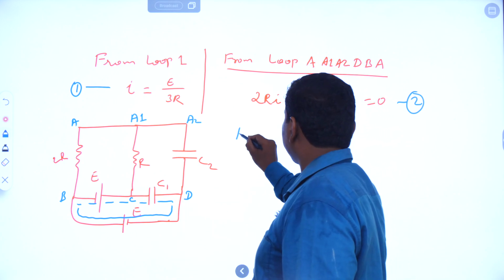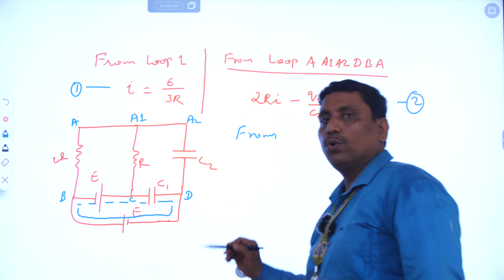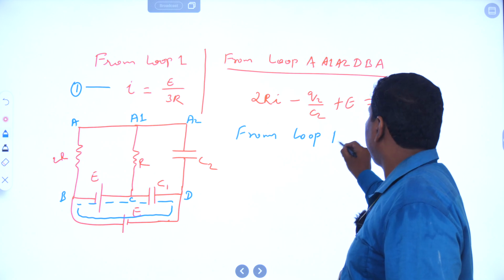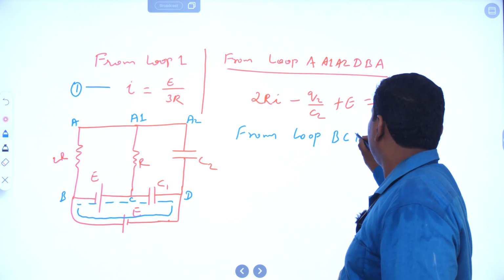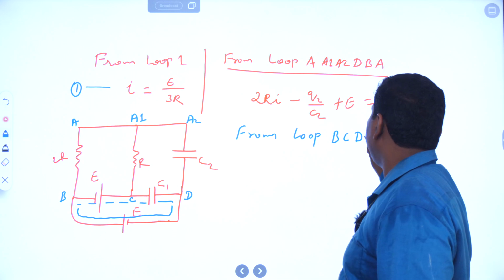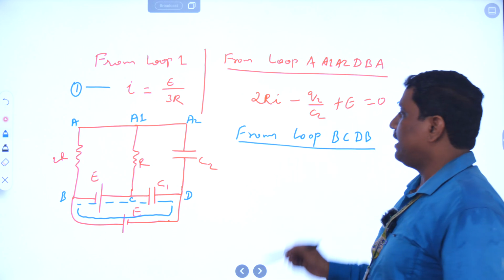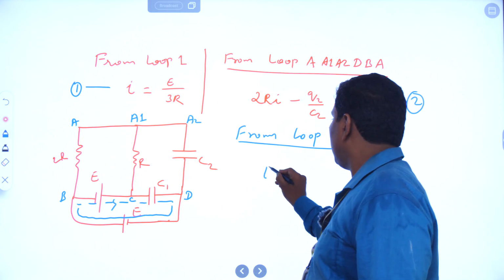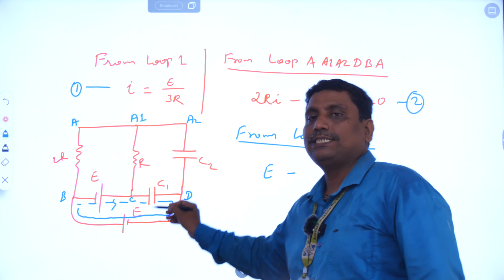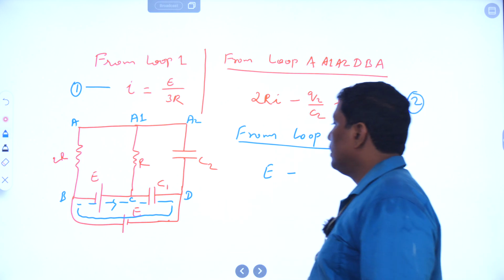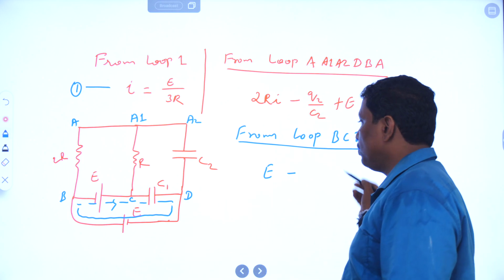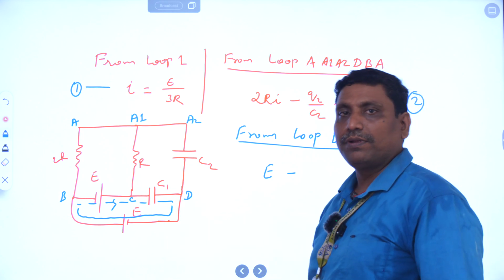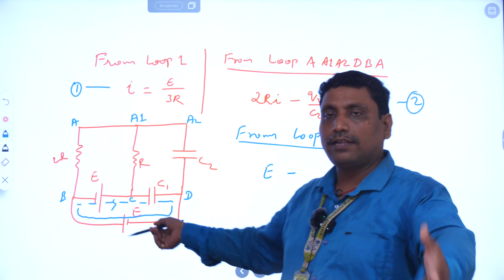So from loop BCDB, apply KVL law. So based on the loop flow direction E, for passive elements we can consider the negative sign. Current entering terminal is positive, leaving terminal is negative, so it is nothing but voltage drop. All the passive elements create a voltage drop, that's why we consider the negative sign.